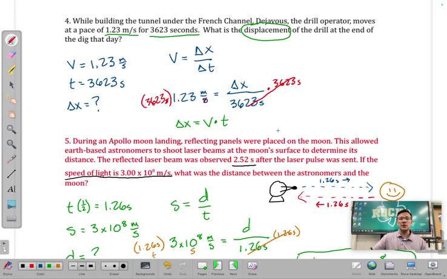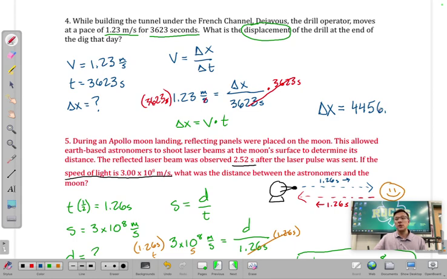And so when we take 3,623 multiplied by 1.23, we find that the displacement of the drill is 4,456.29 meters.